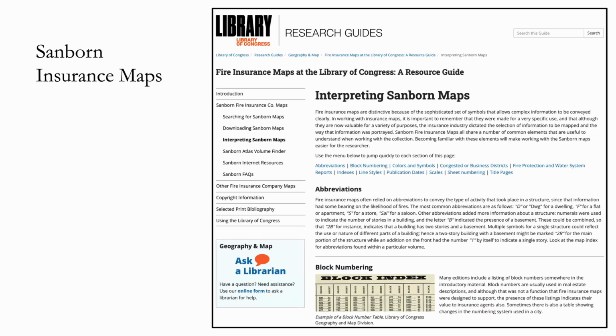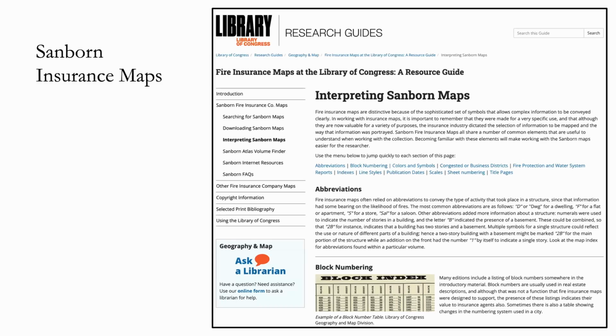The cadastral maps would just have kind of an ownership issue. It's the person who's going to be paying taxes that's important. On the Sanborn maps, the people who are going to be paying insurance premiums are the people that are important. And so they're going to show all the structures. They're going to show buildings that were created and when they were created.